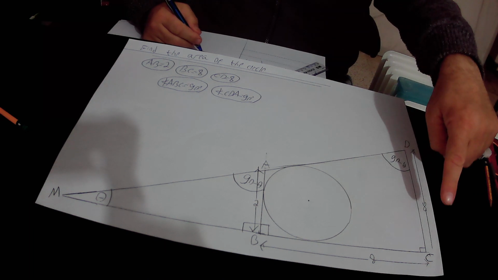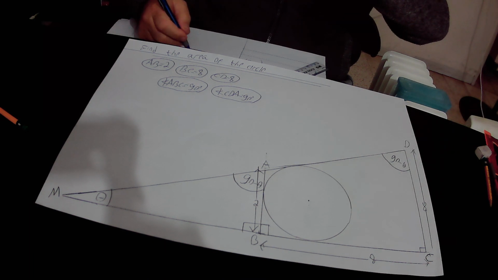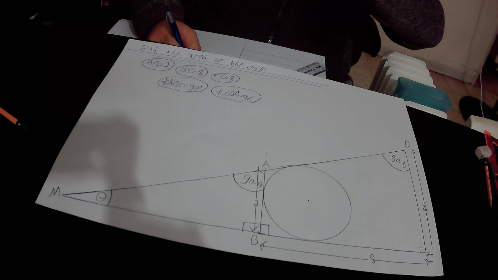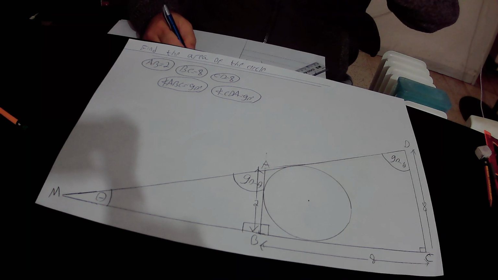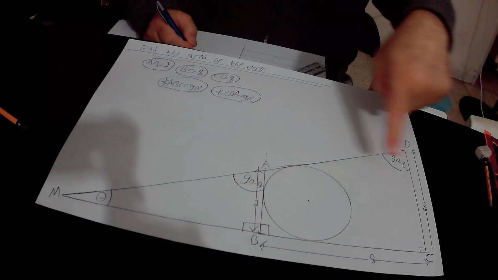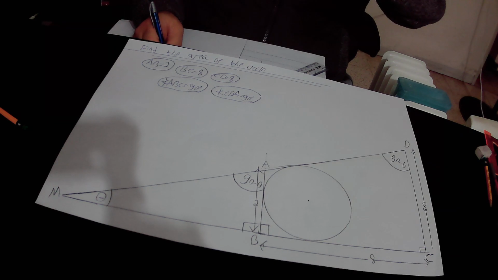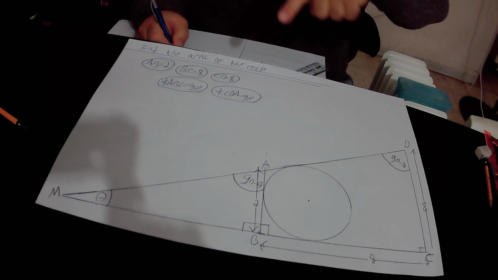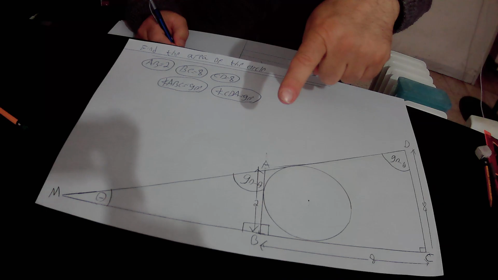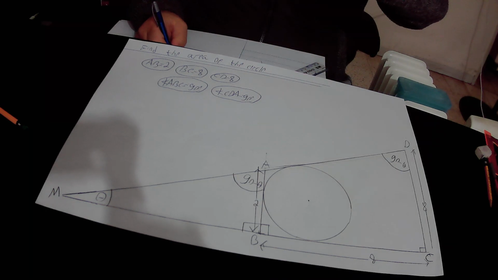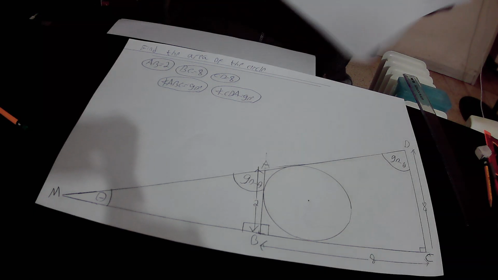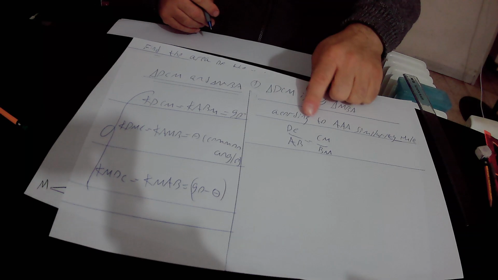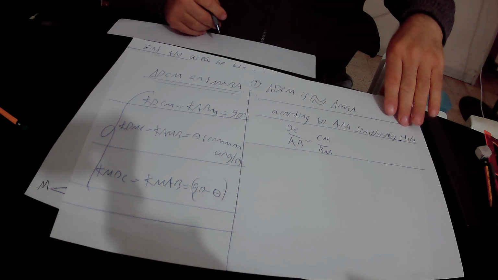Side DC in the right big triangle DCM over side AB in the right small triangle MBA equals side CM in the big right triangle DCM over side BM in the right small triangle MBA. We derive that DC over AB equals CM over BM.